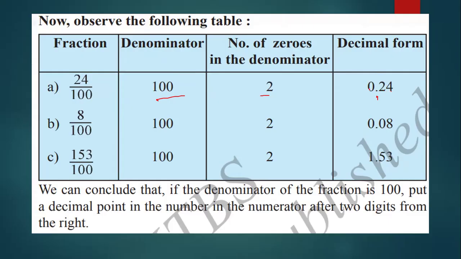That means 1, 2, decimal point, 0.24. Similarly, we can conclude that if the denominator of the fraction is 100, put a decimal point in the number in the numerator after 2 digits from the right.